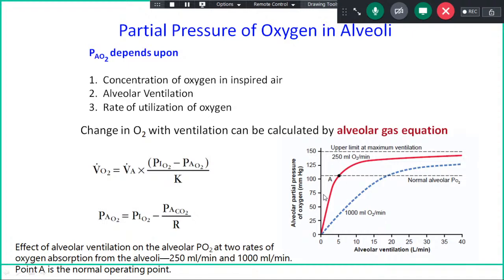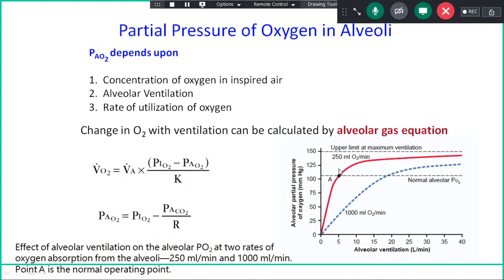So the red line is the normal line which shows what changes occur in the alveolar partial pressure of oxygen with changes in alveolar ventilation. At 4.2, which is the normal level, which was shown for the carbon dioxide curve also, the partial pressure of oxygen is 104 millimeter of mercury when 250 ml of oxygen per minute is taken in.